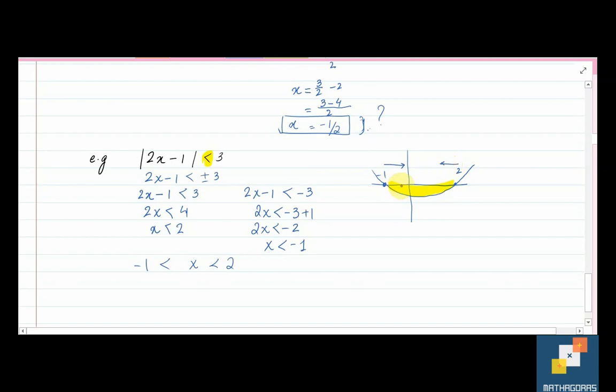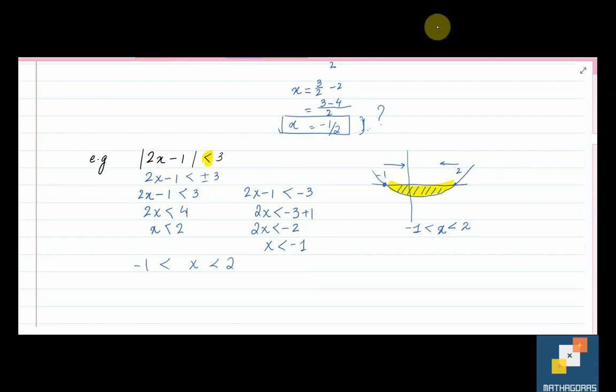So I have written minus 1 on the left side and 2 on the right side. So that is my solution set, right?